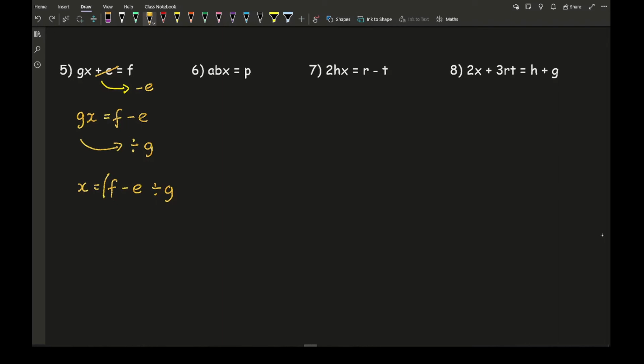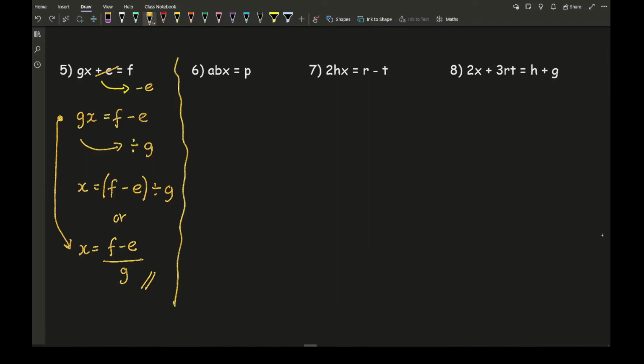If I wrote brackets around that, then that would be correct, but a more preferred way of writing this would be x equals f minus e, all divided by g. Writing it as a fraction just becomes that little bit easier. So from this stage here, I would go straight to this stage here. When you're dividing, just put a line underneath it and write whatever you're dividing by underneath, and that would be absolutely fine.